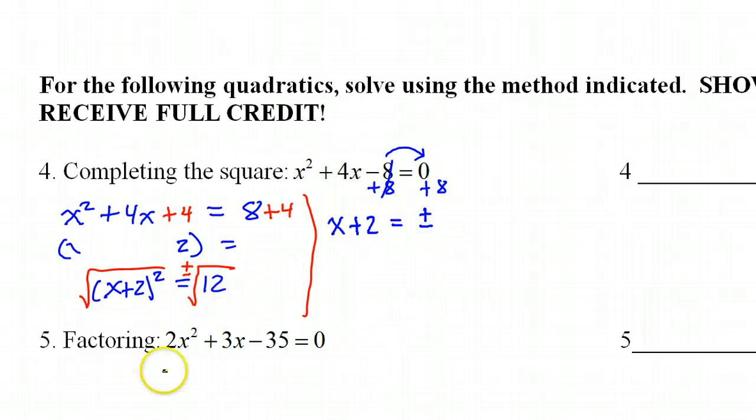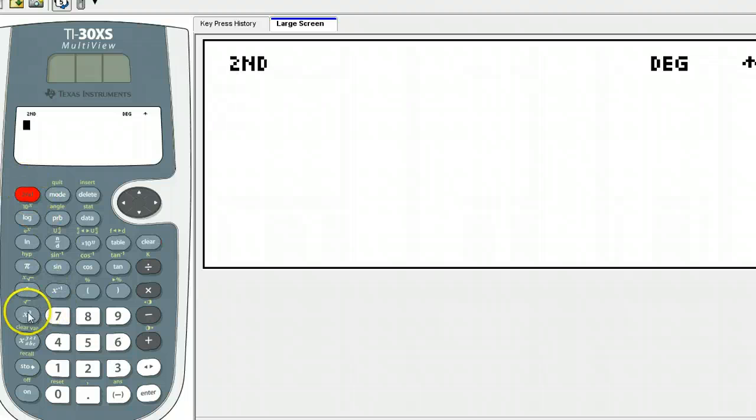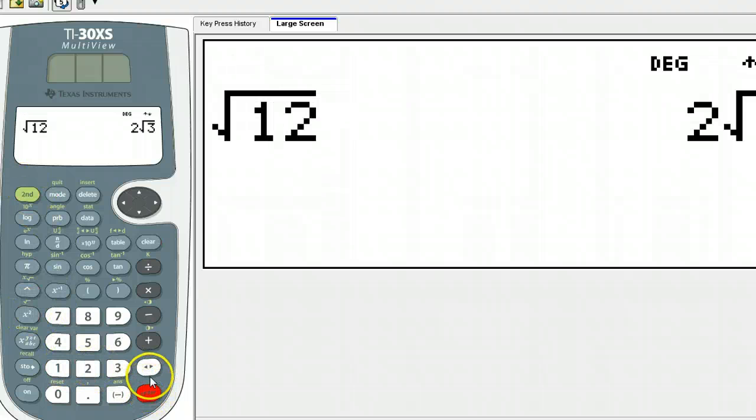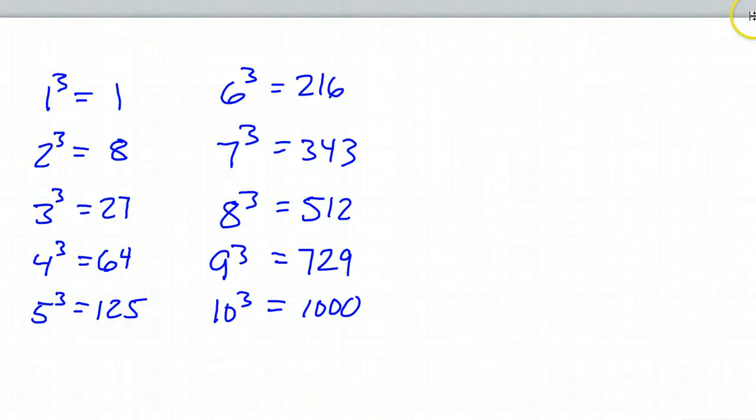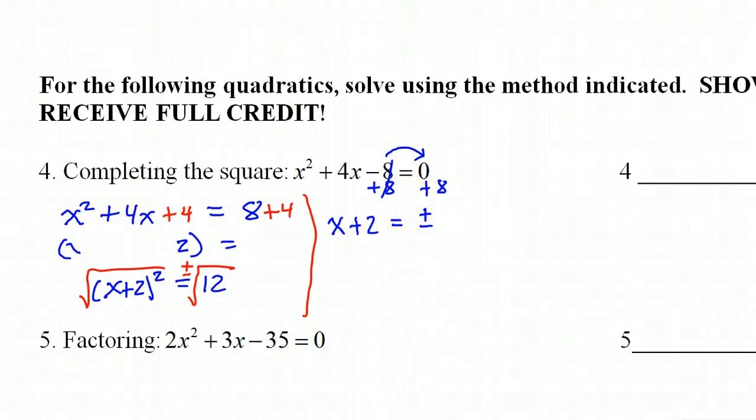Now the square root of 12 is going to be 2 root 3. Okay, but this is what you might see. Instead of plus or minus radical 12, we have plus or minus 2 root 3.